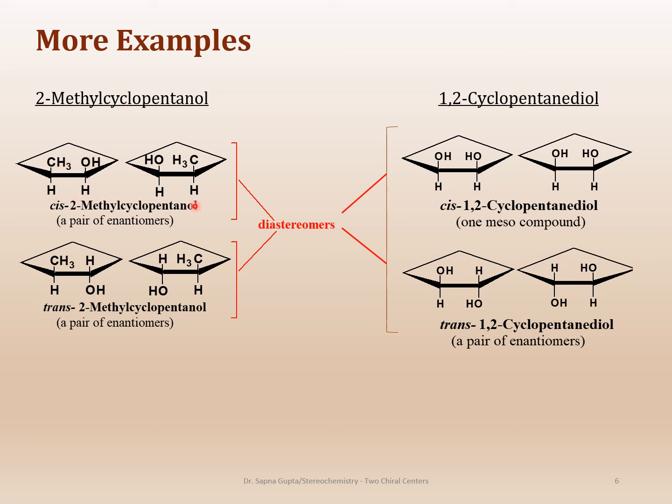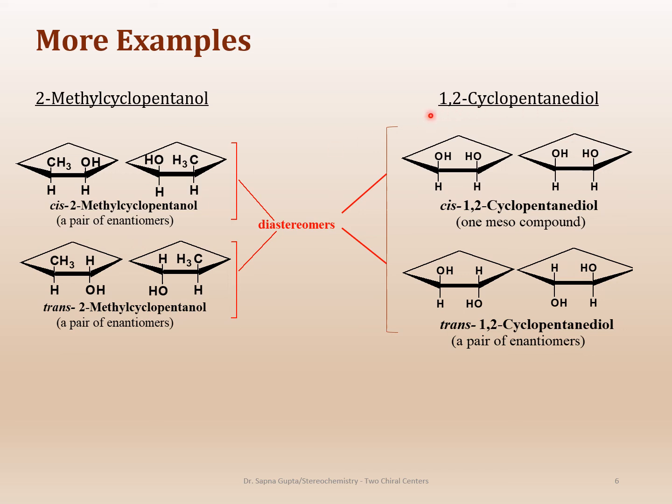You can have cis relationship and you can have trans, okay, relationship. So here these two are enantiomers, okay, these two compounds are enantiomers. And then if you have trans, these are also enantiomers. Why are they enantiomers? These are enantiomers because they are not superimposable on each other, okay. So that is for 2-methylcyclopentanol.